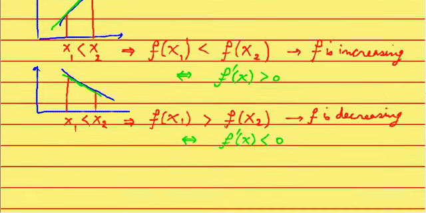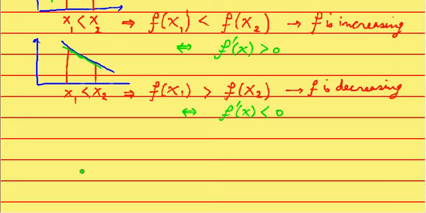In addition to this, if we have a function exhibiting a behavior like this, if it has an increasing interval followed by a decreasing interval, then we can easily say that there is a maximum point, a relative maximum, just at the point that the two behaviors are separated.